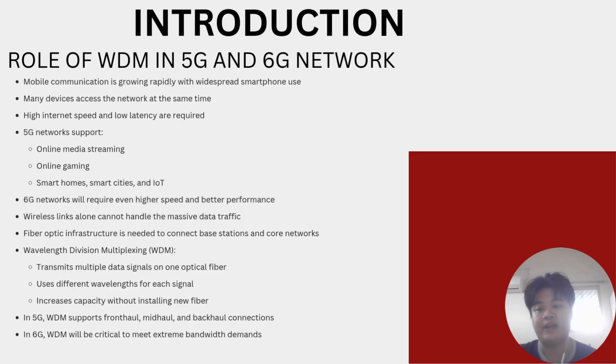Wireless links alone cannot handle this massive data traffic efficiently. Therefore, fiber optic infrastructure is needed to connect base stations and core networks. WDM plays an important role by allowing multiple data signals to be transmitted on a single optical fiber using different wavelengths.